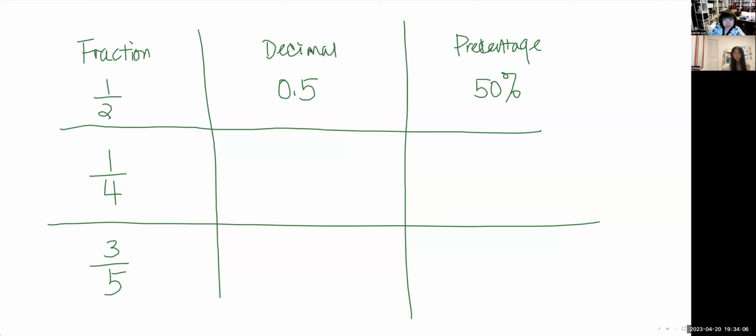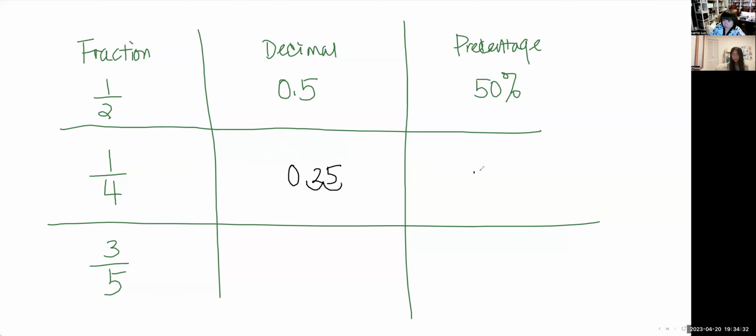So everybody, I'm going to start to record. And Chloe, can you tell me what is the decimal for 1/4 equals to? 0.25. Very good. So based on the decimal 0.25, what is the percentage? So you move 1, 2, right?